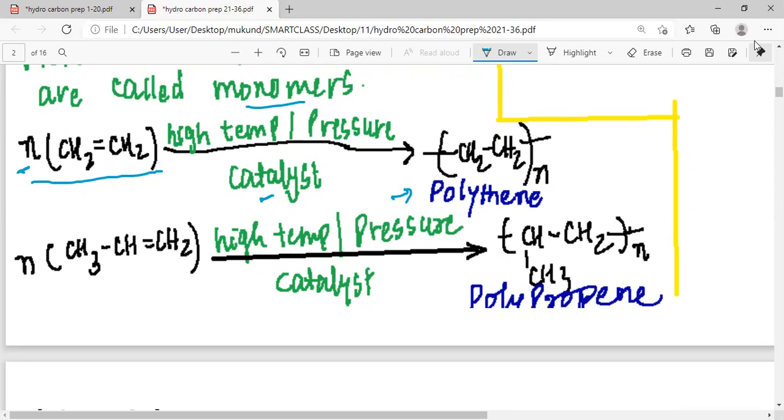Same way, my dear students, if you take a huge amount of propene at high temperature and pressure in the presence of a catalyst, we may get polypropene. So please remember, this is your polypropene. In polypropene, the methyl group is available as a branch, and this is the way by which we represent polypropene.